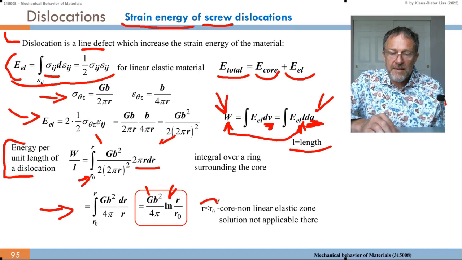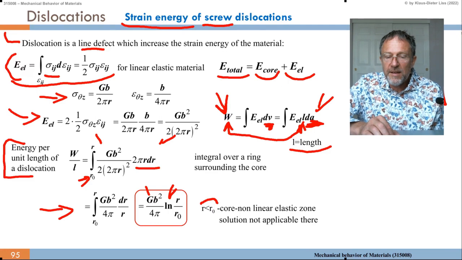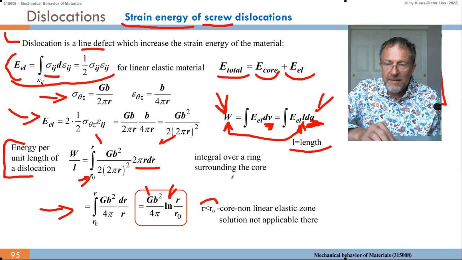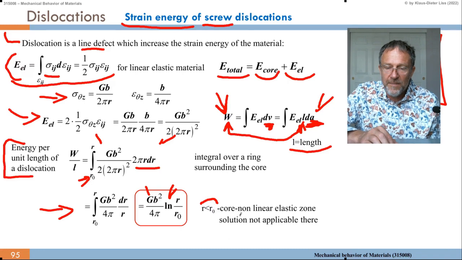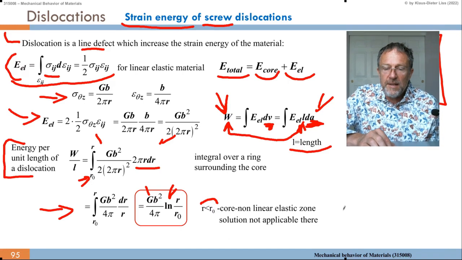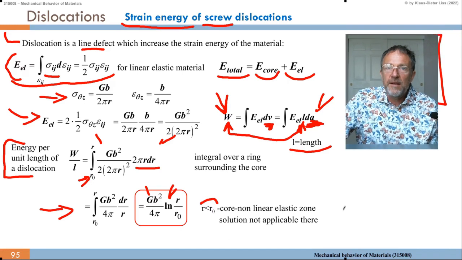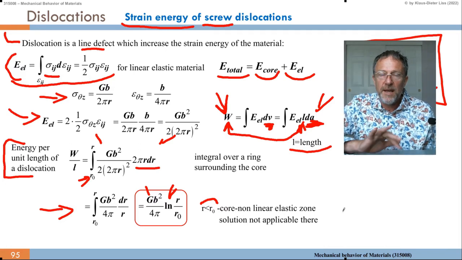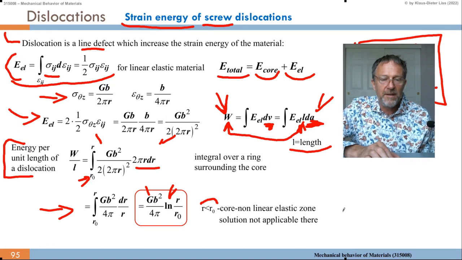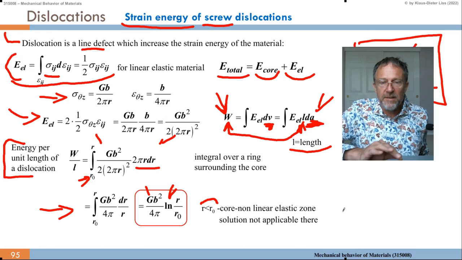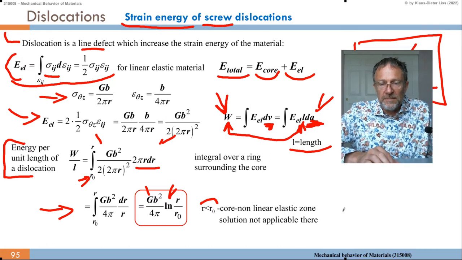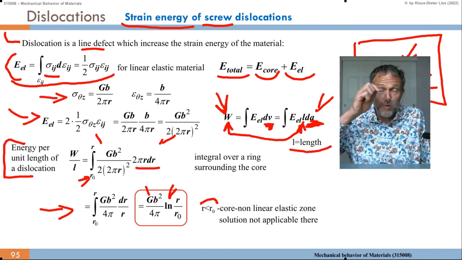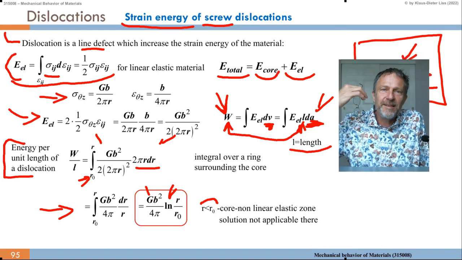And we say this r0, if r is smaller than r0, so inside the core here of size r0, we have a nonlinear elastic zone where the solution, this 1 over r behavior, is not applicable. The atoms are arranged somehow in a convenient way, but how they are arranged is not the topic here. We know they may change, of course, they change crystallographic symmetry in there.